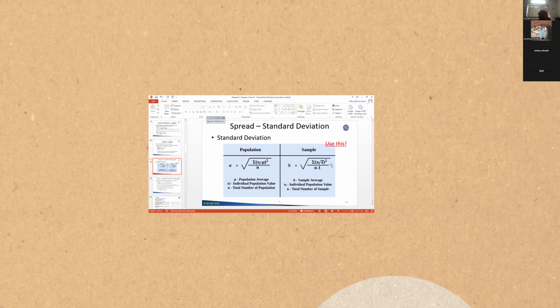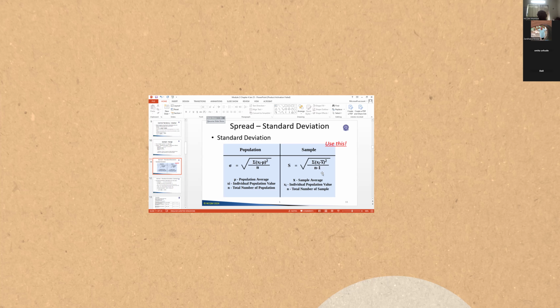So if your average is 5 and your value is 10, you calculate 10 minus 5 whole square, like that for each value. The sigma that you see is summation, so you sum that, divided by n, the total number of samples. If total samples are 8, it is 8 minus 1, and you put it in the formula, and that becomes your standard deviation for that particular sample.